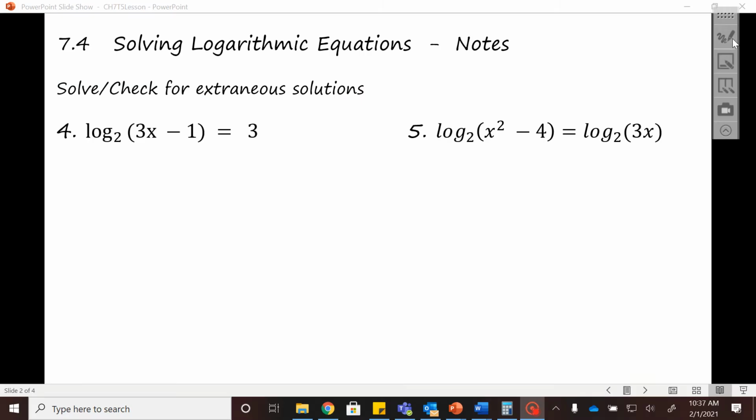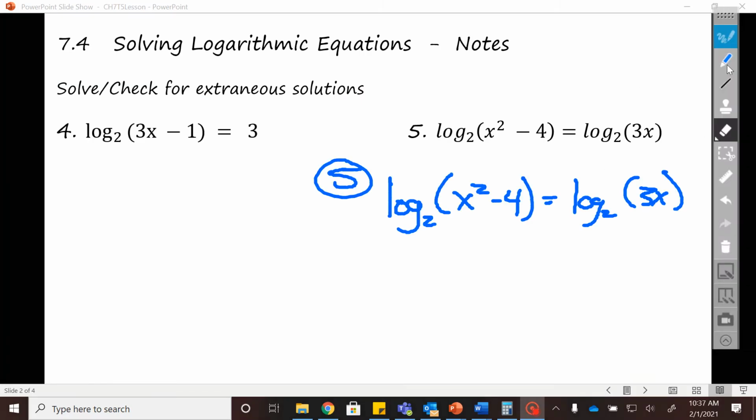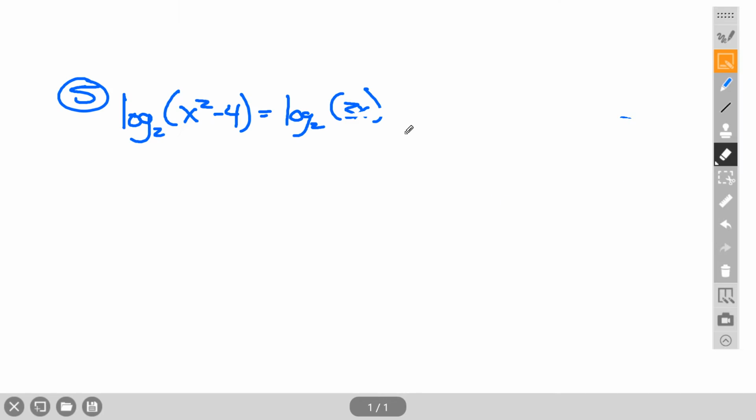As I was saying, because the bases are the same, these are both log base 2, then what's inside the logarithm must be equal as well.